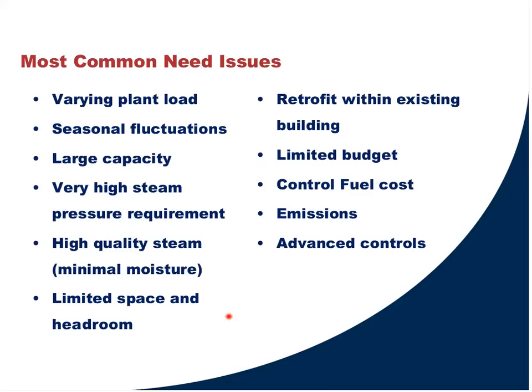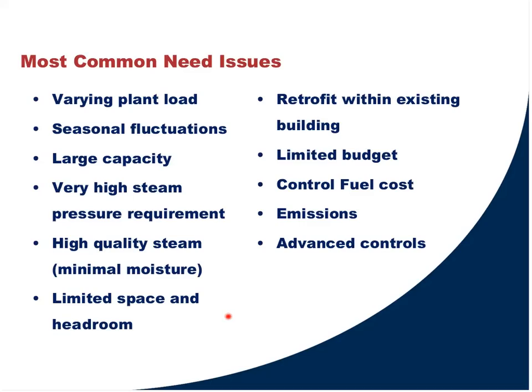What do I use? Oh, by the way, I've got limited space and I've got limited headroom. I'm going to be retrofitting within an existing building. How do I contain the cost here? And I've got a limited budget. And I've got to control the fuel cost. And I've got emission issues. And by the way, I want to take advantage of today's advanced controls.